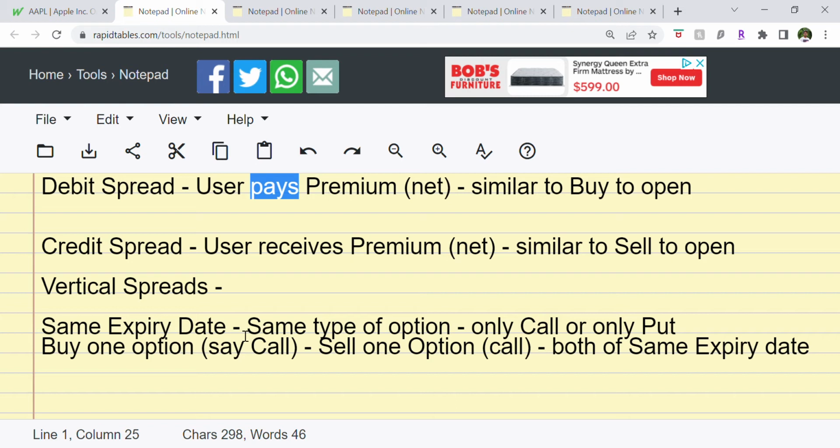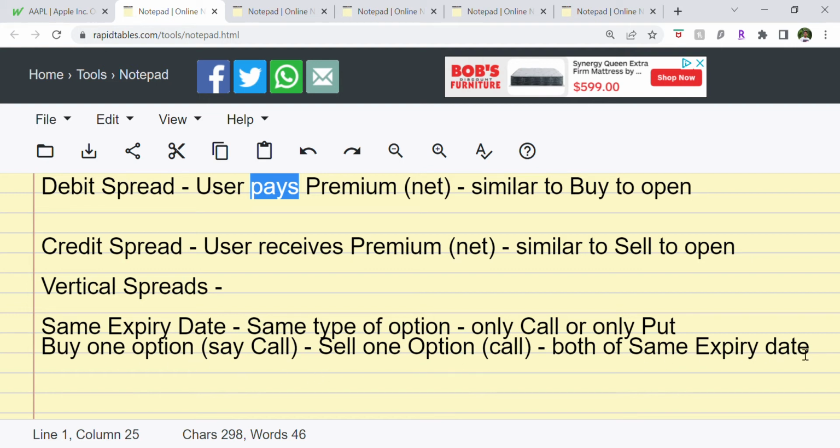If you are using a call option, you buy a call option and sell another call option. You don't need to worry about puts. If you are doing a put vertical spread, either a credit or a debit, you have to buy a put and sell a different strike put of the same expiry date. So the expiry date is the same.